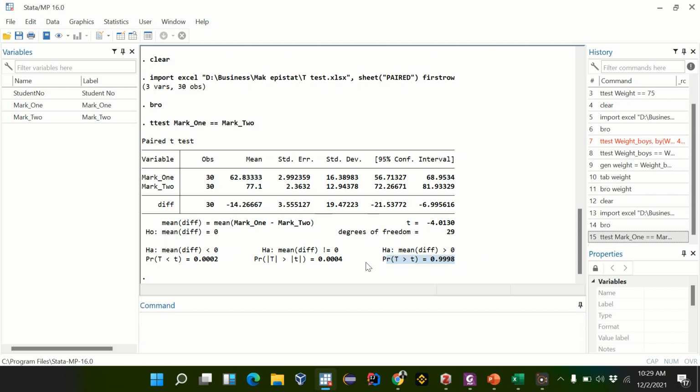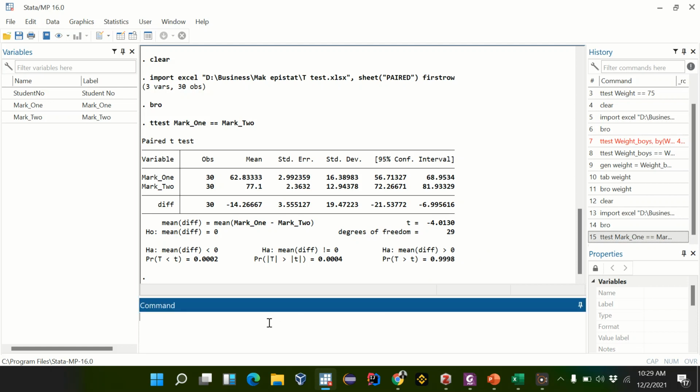For the difference not equal to 0, I'm saying it is true because the p-value is statistically significant. It's less than 0.05. Also less than 0 is statistically significant, which is less than 0.05. So we conclude that there is a difference between the marks scored by students in a repeat test and the first test.